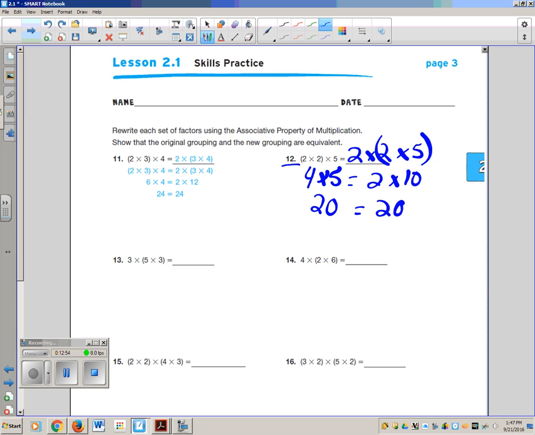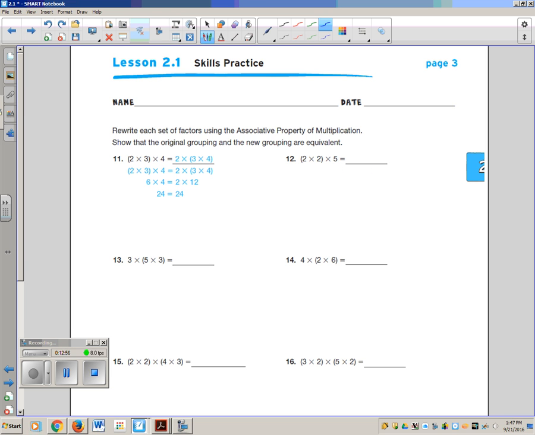Next page is associative property. Look at number 12. When you're doing these problems, just copy the numbers that are on the left side on the right. So write 2 times 2 times 5. We're on number 12. Change the groupings.